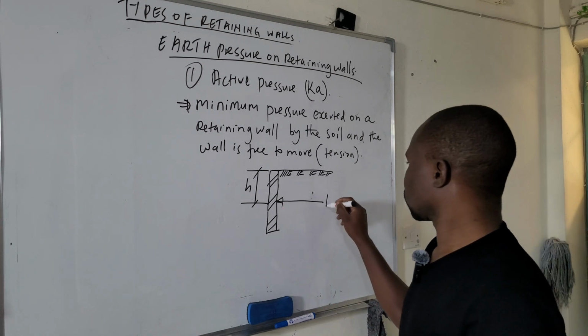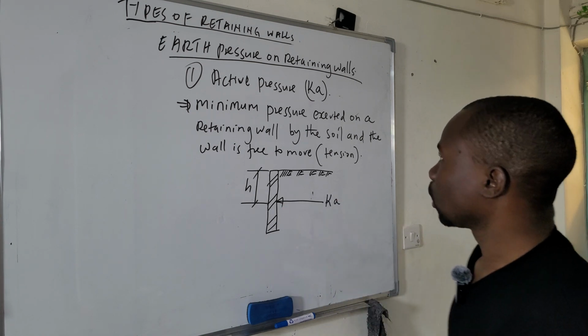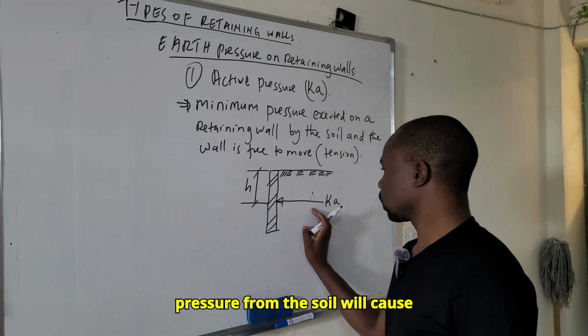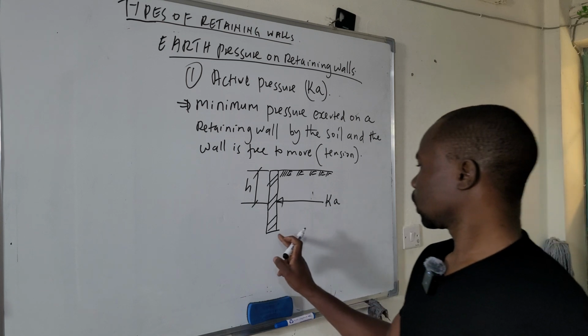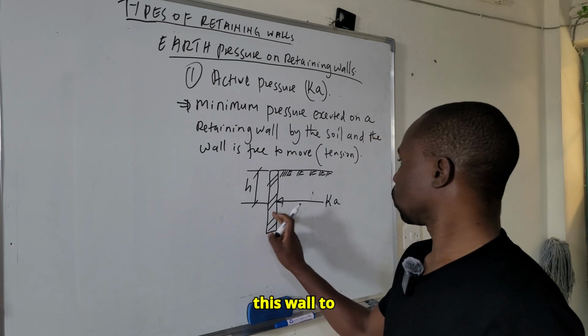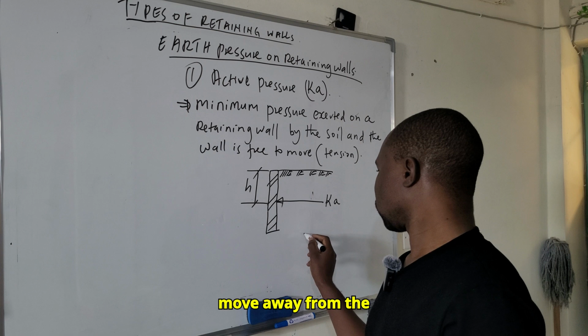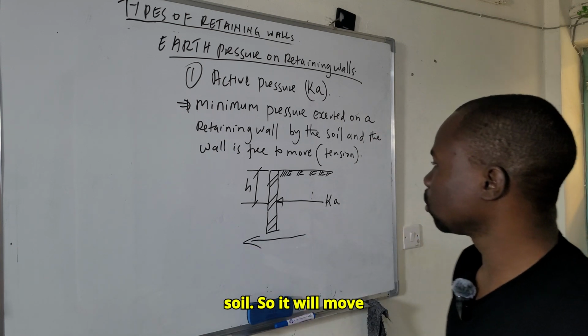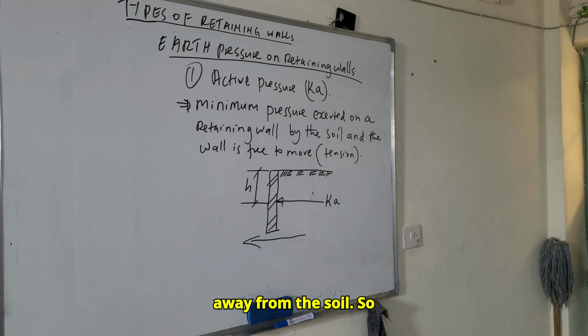So this is the active pressure. This active pressure from the soil will cause this wall to move away from the soil.